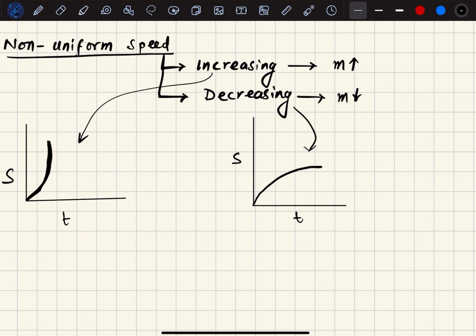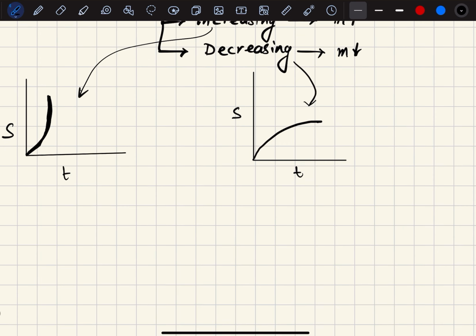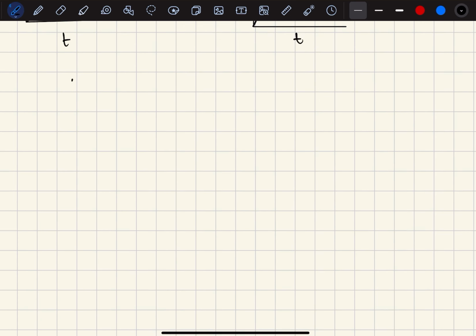Can anybody say now, if I draw a graph like this, definitely distance time. Okay, what does this mean? Let us analyze this. Here time is constant, that means time is not changing, distance is increasing.